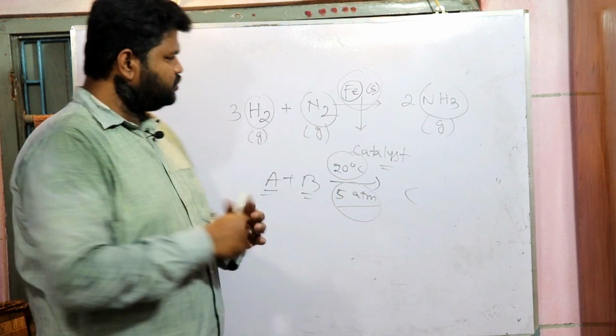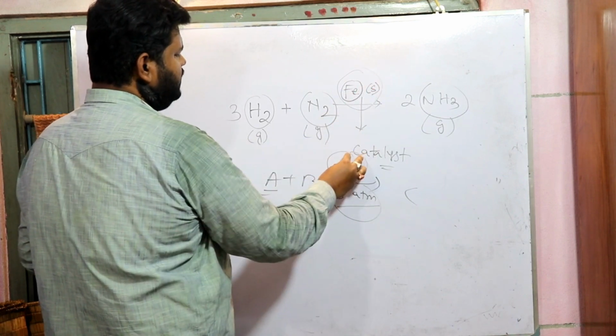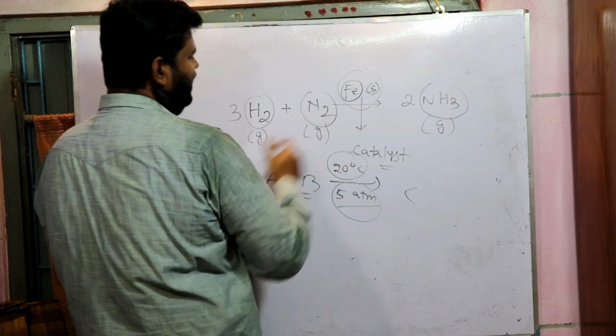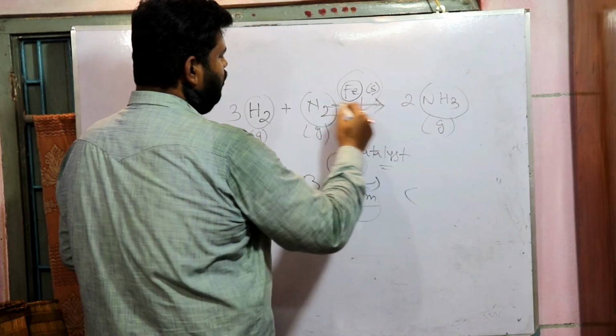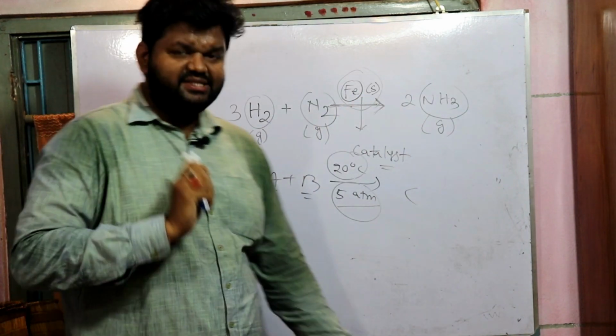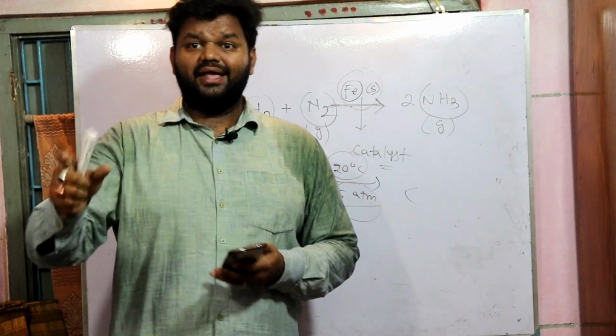Is it clear? So the catalyst, temperature, pressure, all these should be written on the arrow between reactant and product. These are the main things for representing any chemical reaction by a chemical equation.